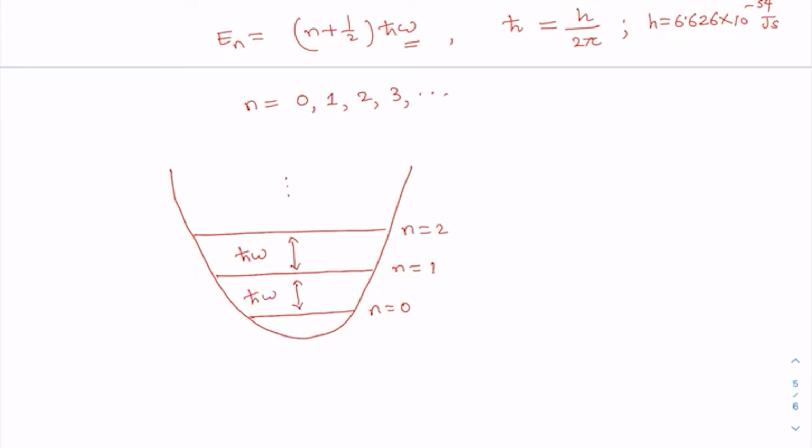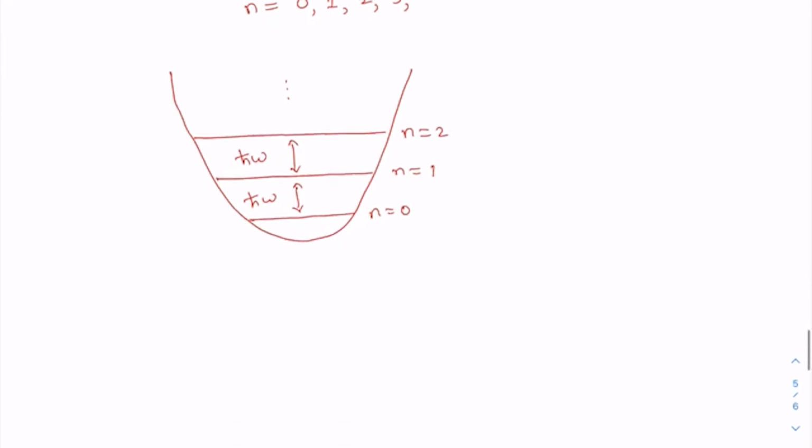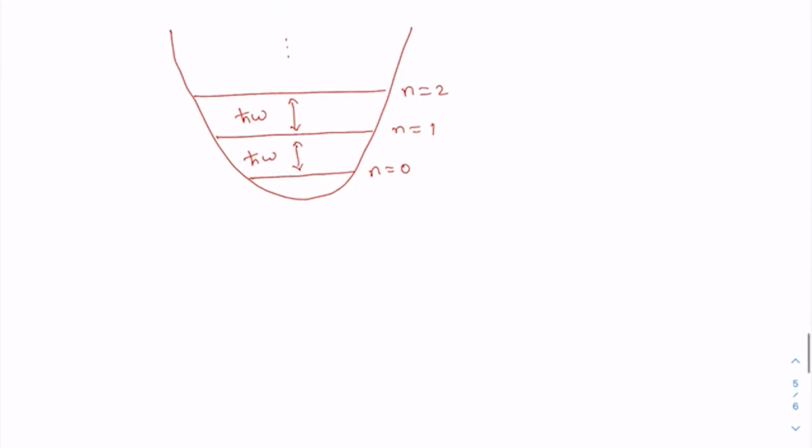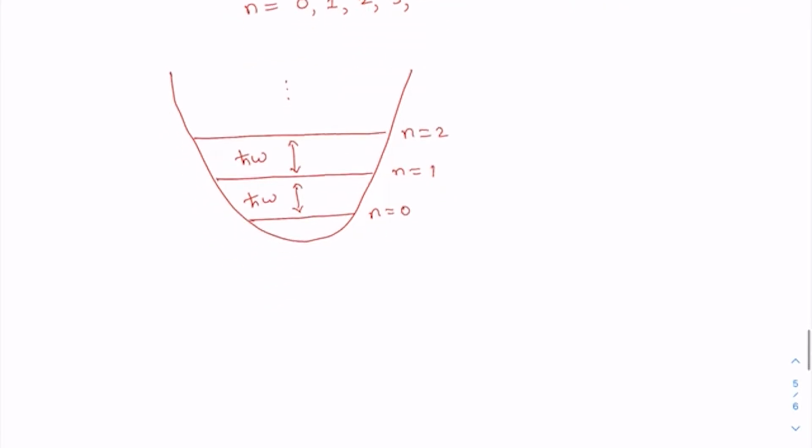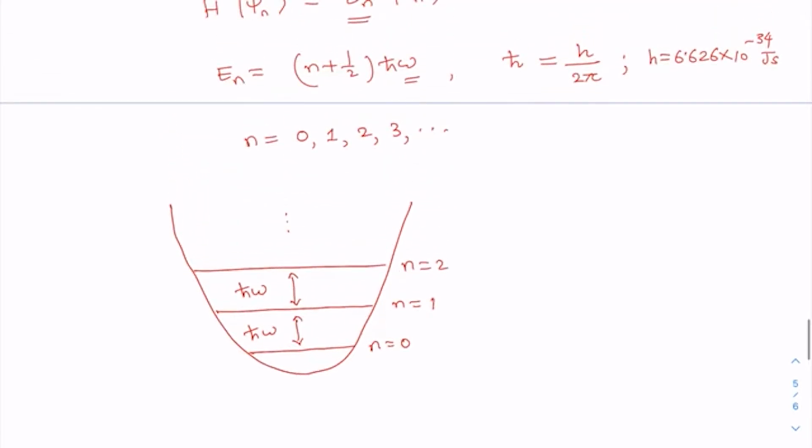In fact, this is one of the unique characteristics of the harmonic oscillator, which sets it apart from other quantum systems.